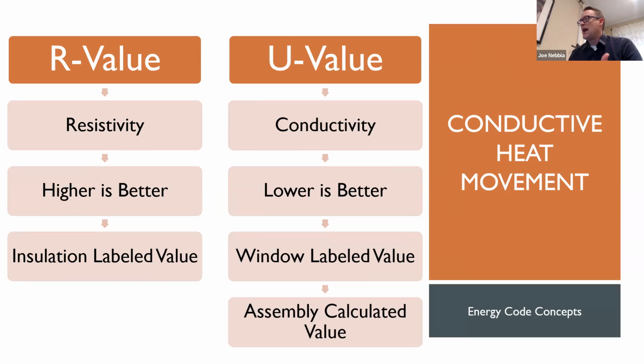It's a labeled amount of R value. It's not an effective R value when the code talks about R value. U value is an effective conductivity because it deals with the whole assembly, framing, any kind of interruption in that insulation, or with windows, it's going to deal with the whole window U factor.